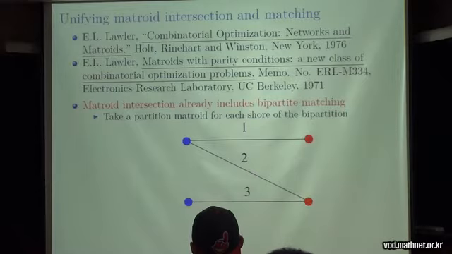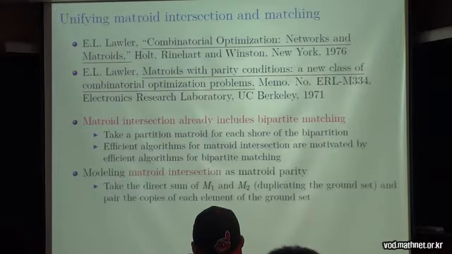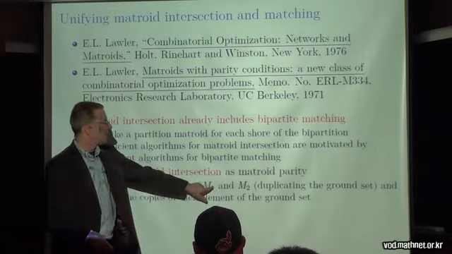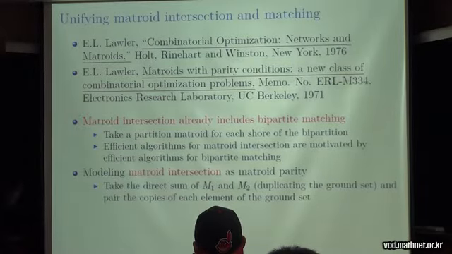The nice thing is it includes matroid intersection and matching in non-bipartite graphs. So I do have a slide that explains those two things. If I want to model matroid intersection as matroid parity, what I do is I take the direct sum of M1 and M2, duplicating the ground set.